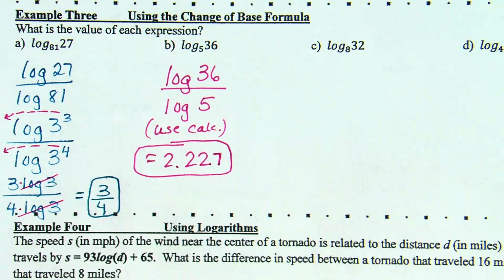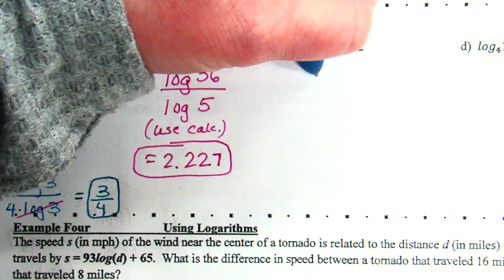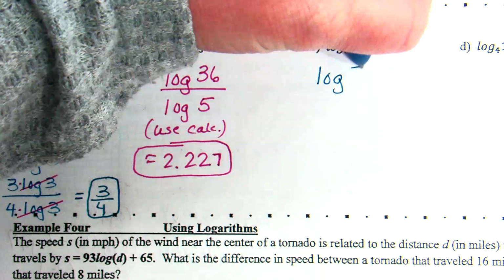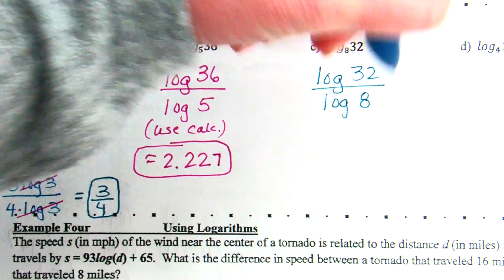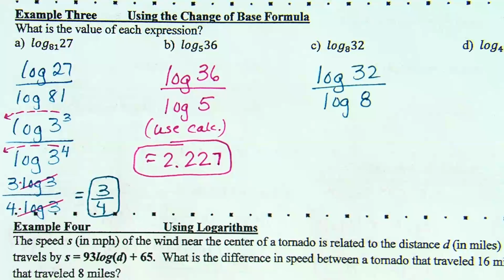Do you know anything about 32 and 8? 32 and 8 are both in the 2 column. So that's the key. You need to have numbers that are in the same column. Otherwise, you might as well just go straight to the calculator, right? So 8 and 32 are in the 2 column.